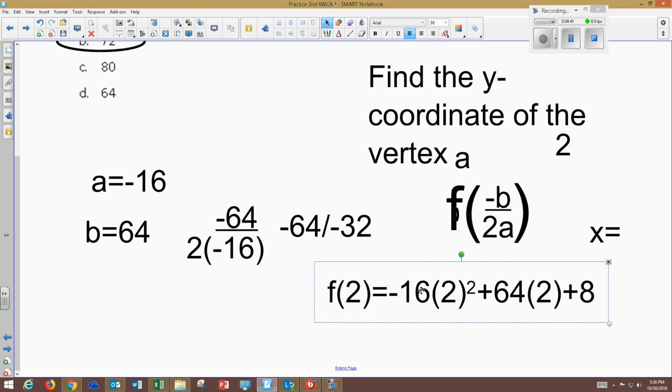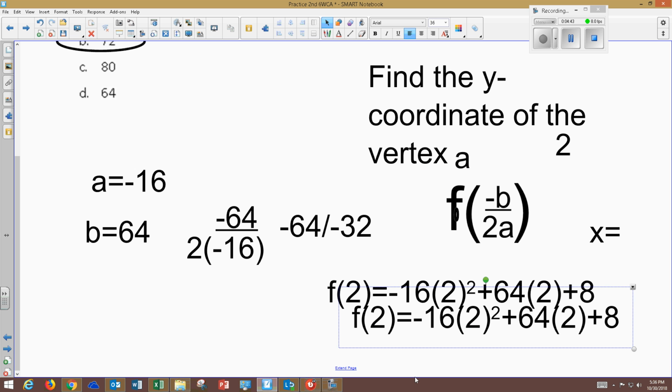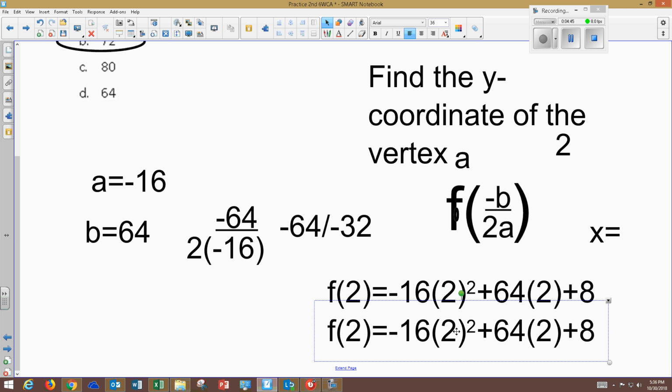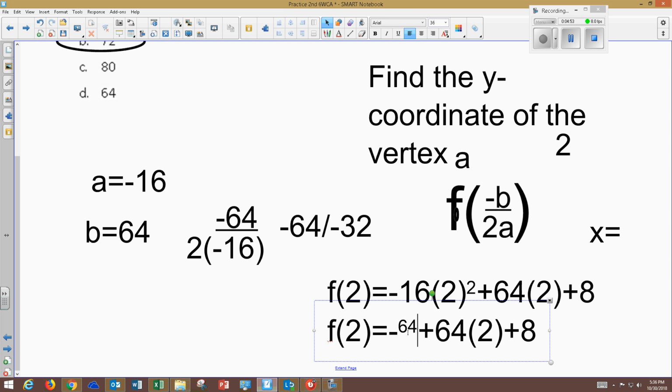Let's simplify all this. We know that 2 squared is 4, and negative 16 times 4 is negative 64. We know that 64 times 2 is 128.